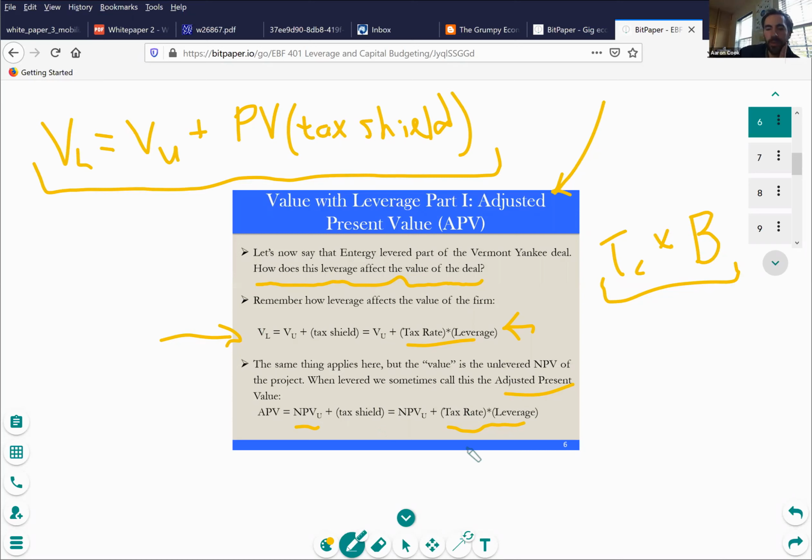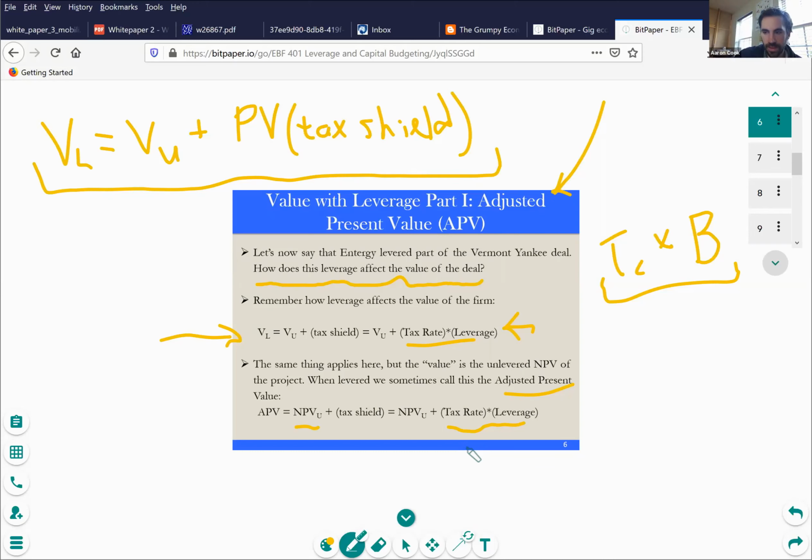So this comes from the idea that any leverage you take on, just as the overall firm value doesn't change with leverage in the absence of taxes, neither does the overall project value change in the absence of taxes. But if there are taxes, that is going to save the firm some tax payments and thereby boost the value of the project by the amount of the present value of the tax savings.